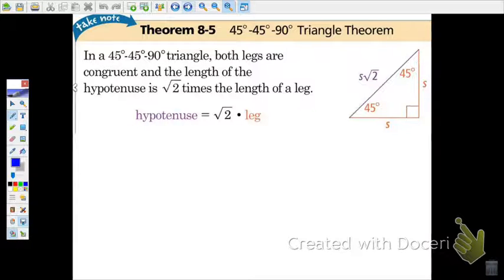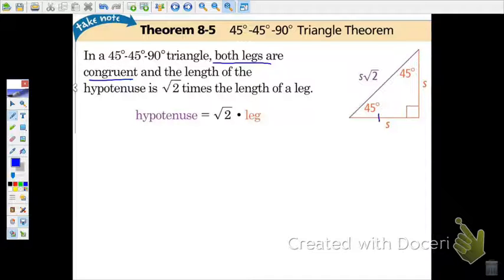So again, we've got a 45-45-90 triangle, which means it's isosceles, because we talked about first semester, if two angles are congruent, their opposite sides are congruent. So that's what this theorem tells us, that both legs are congruent. They are equal to each other.